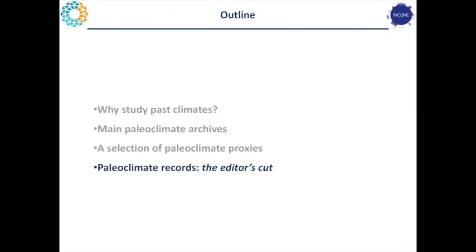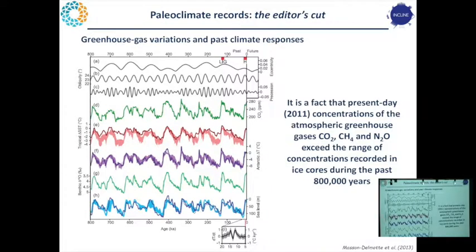And now we are done, and we are going to paleoclimate records. My selection of paleoclimate records. So we start with greenhouse gas variations and past climate responses to them. And here I'm showing to you the longest available time series of concentration of CO2, one of the most important greenhouse gases in the atmosphere.